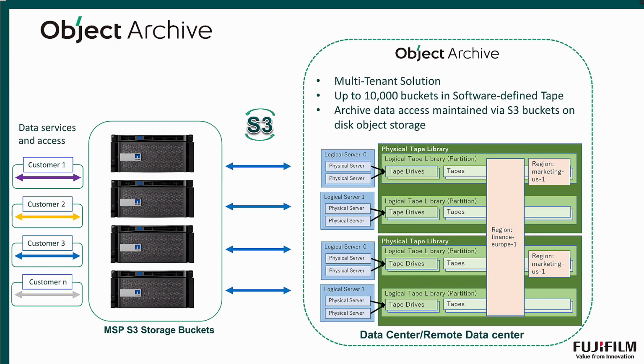Maybe they'll even offer a secondary vaulting tier beyond the tape itself. This is a really great way that a lot of the regional managed service providers are able to offer beyond S3 storage another tier that takes their data and sustains it for a longer time.